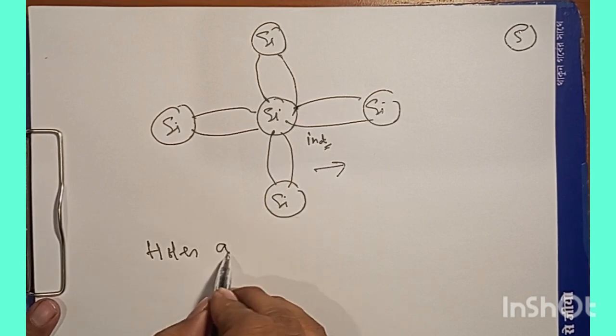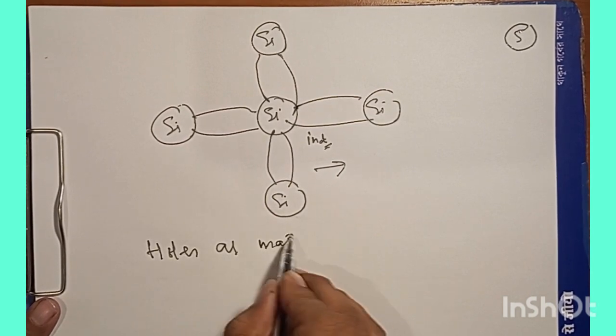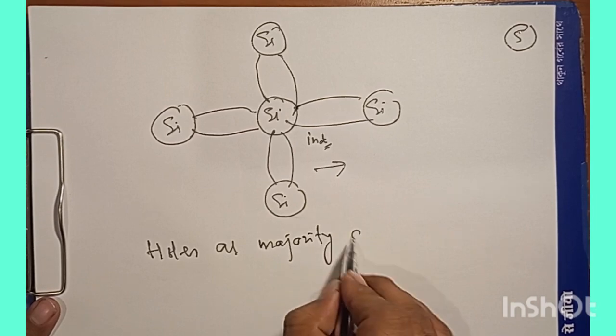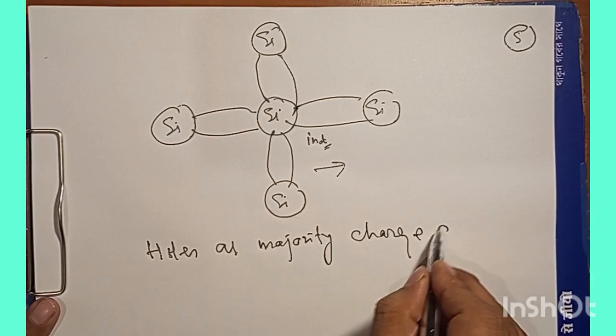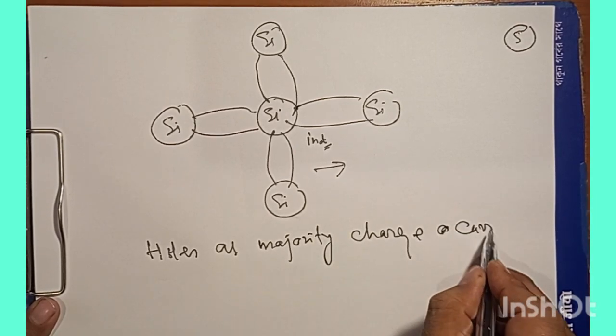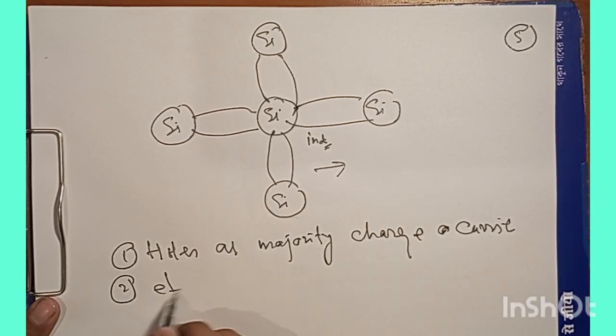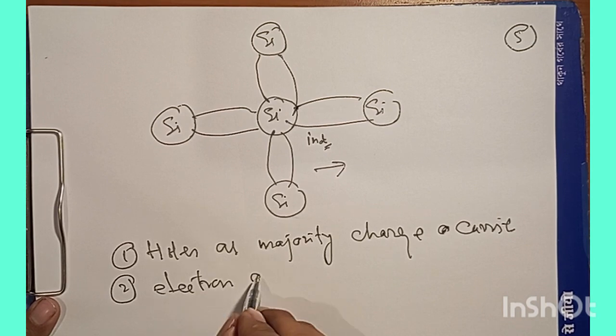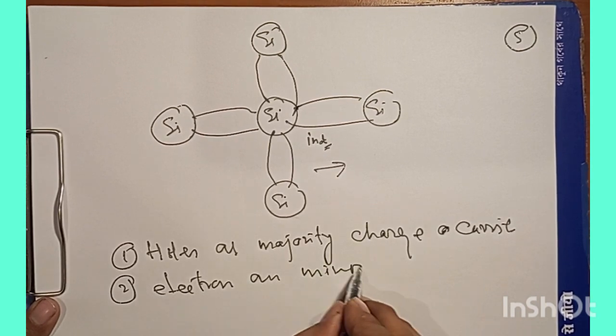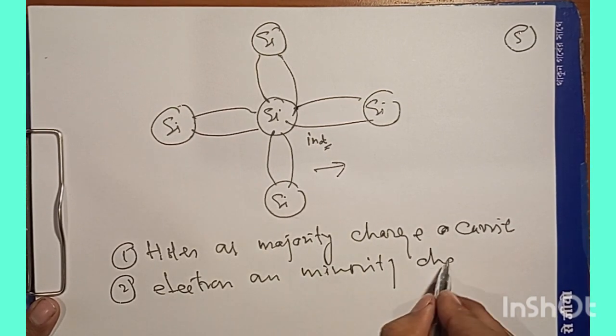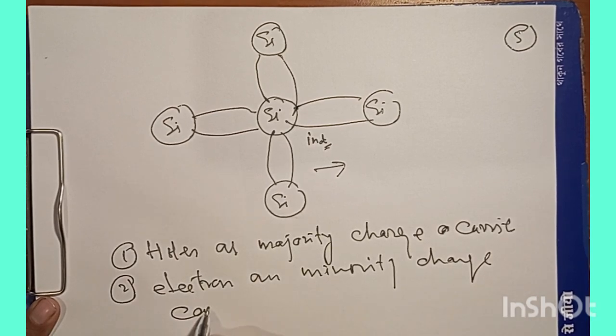In this case we have holes as the majority charge carriers, number one, and electrons are the minority charge carriers, right?